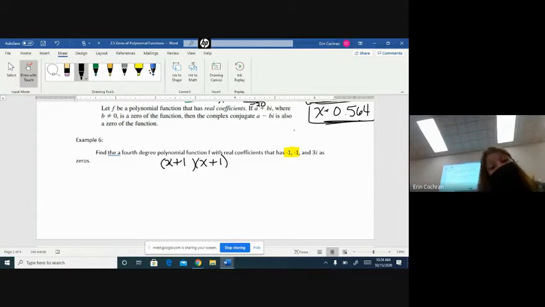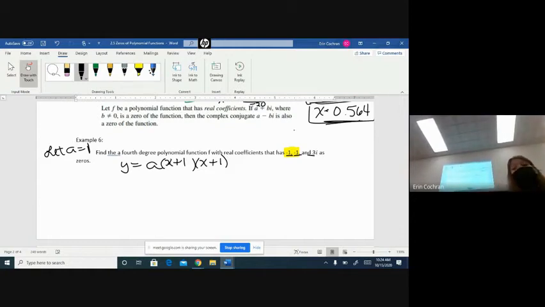Now, normally our equation would start with y equals a times the x plus 1 times the x plus 1, things like that. In this case, we're just going to let a equal 1, because they don't give us any other points on the graph. They only give us our actual zeros. So I'm not going to worry about that.